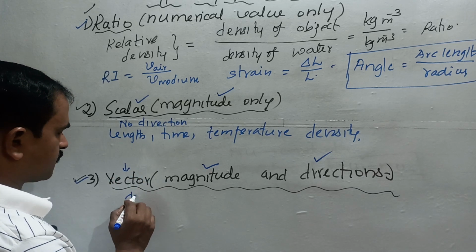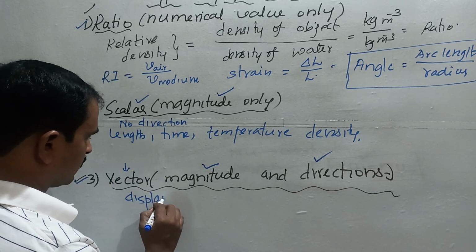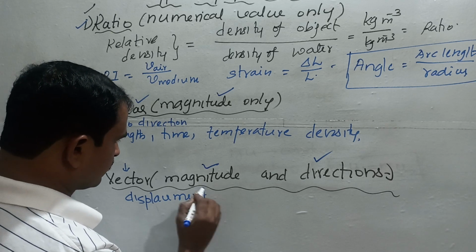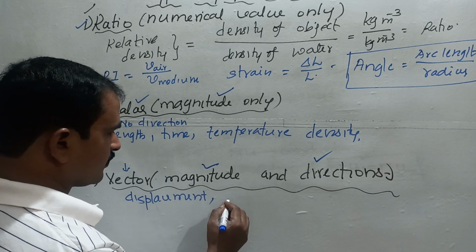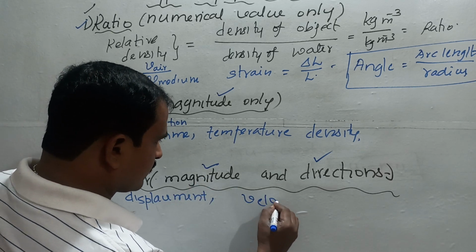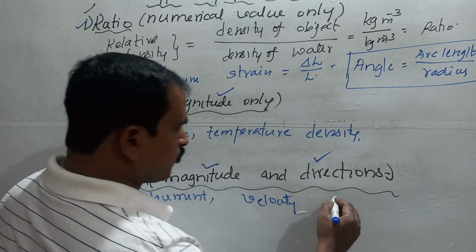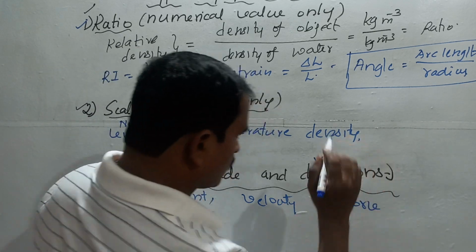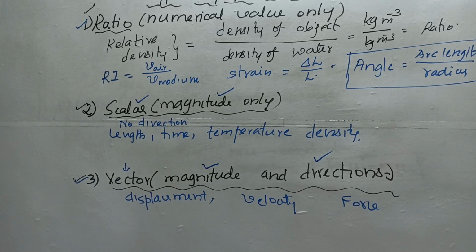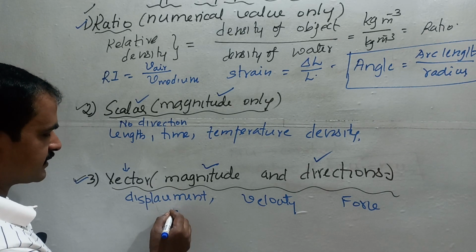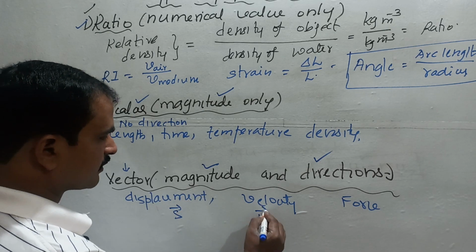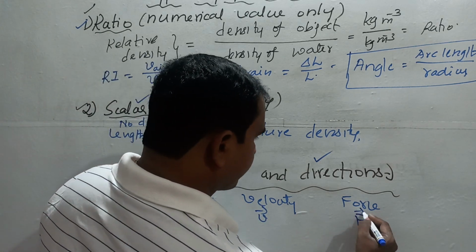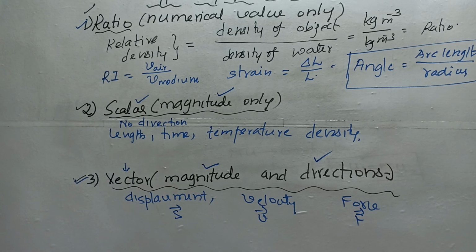Here it may be displacement having direction. If you take velocity, in the same way force, all these are vectors. We specify vectors as vector S or vector V or vector F, like that. All these are physical quantities having both magnitude as well as direction.